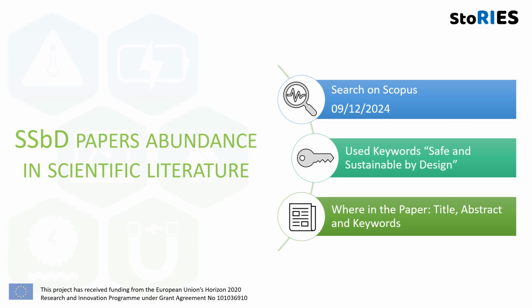What we are going to present is the review of the scientific literature that has been done with a search on Scopus in December 2024, using the keyword safe and sustainable by design, and this combination of words could be found in the paper title, abstract, or keywords.